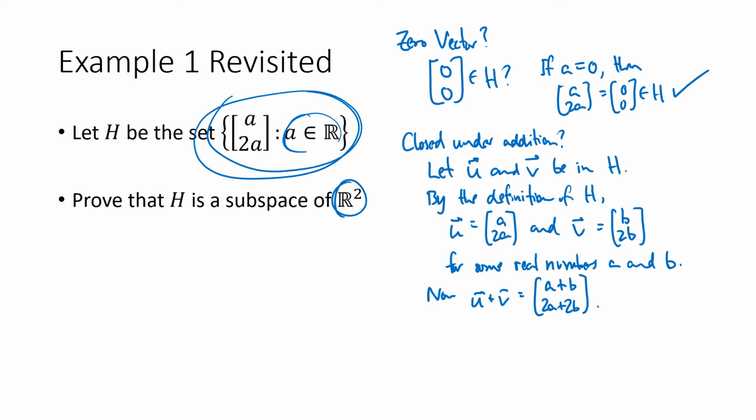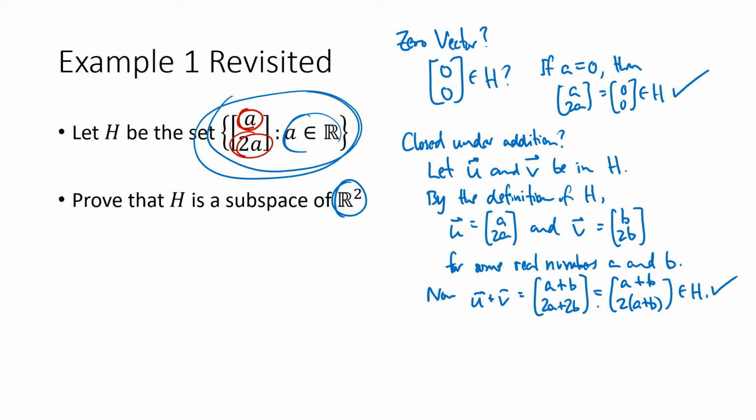You have to be a vector where the second entry is 2 times your first entry. And we have that here, right? We can make that a little more clear by doing a little algebra and rewriting this as A plus B, and then 2 times A plus B. And so that's clearly in H, and so we're done there.